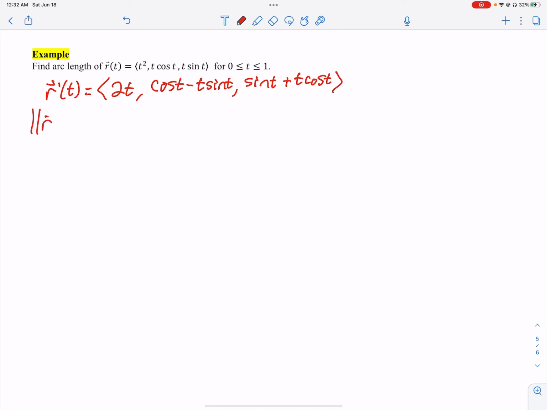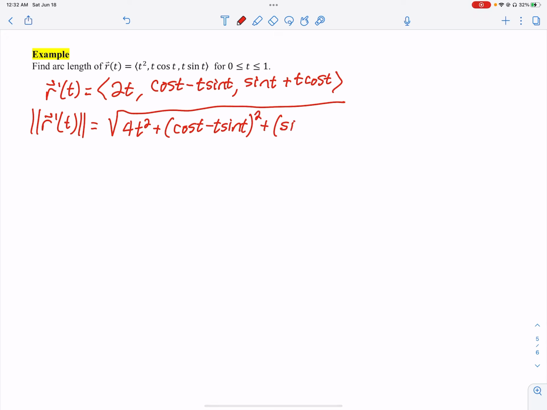So there's r prime. And I can find the magnitude now. I'm going to need that to put in my integral. All right, so we get 4t squared. And then we're going to have this stuff squared out. So this is going to be similar to a problem earlier, but not exactly. Cosine t minus t sine t, squared, plus sine t plus t cosine t, squared.